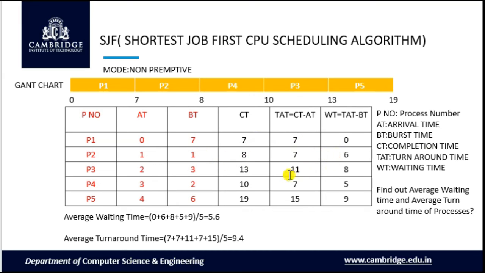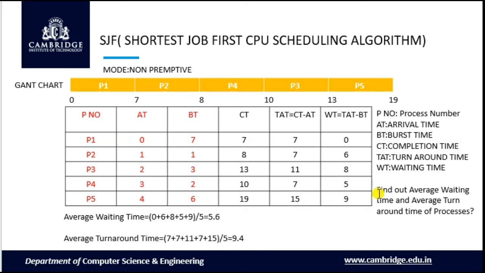Turnaround time of P3 is 11, burst time is 3, 11 minus 3 is 8. Turnaround time of P4 is 7, burst time is 2, 7 minus 2 is 5. Turnaround time of P5 is 15, burst time is 6, 15 minus 6 is 9. This is how you find out the waiting time of each process.